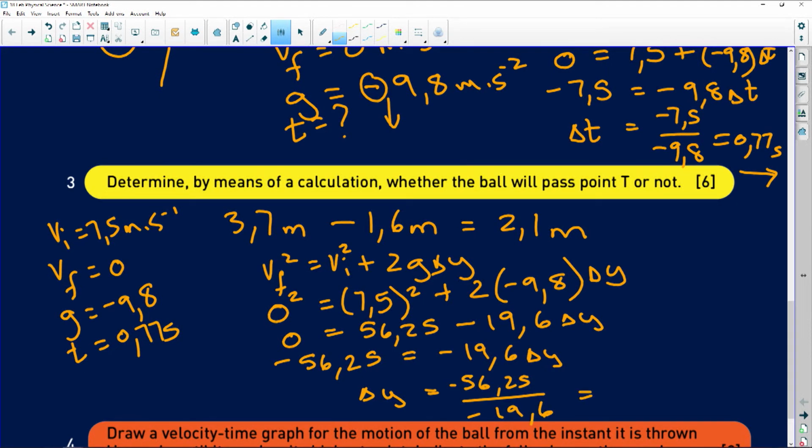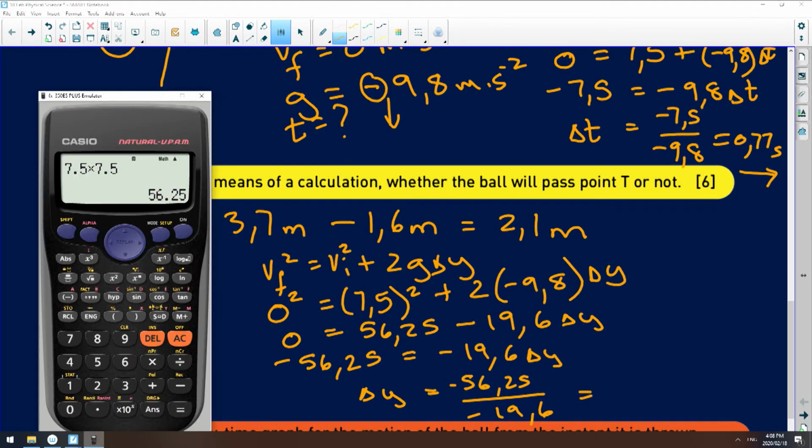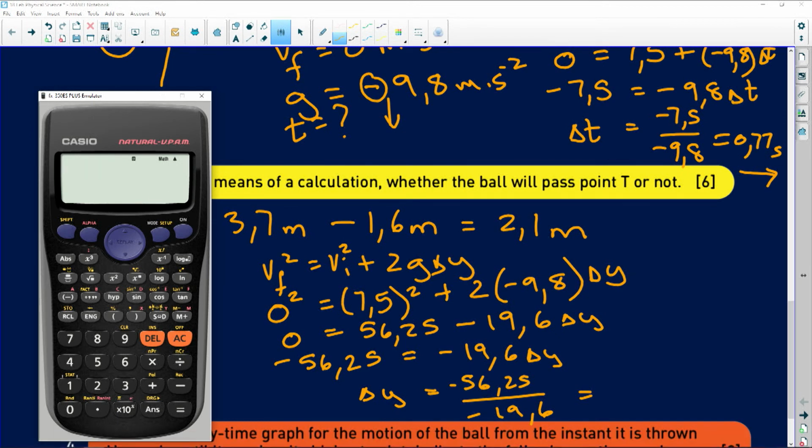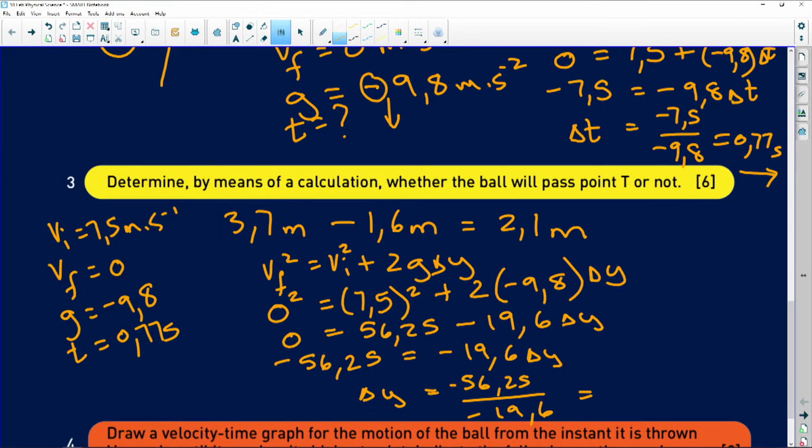And that will give us the height. So now we need our calculator again. So 56.25 divided by 19.6 gives us 2,86. And if we round it off, it was 2,87 meters.